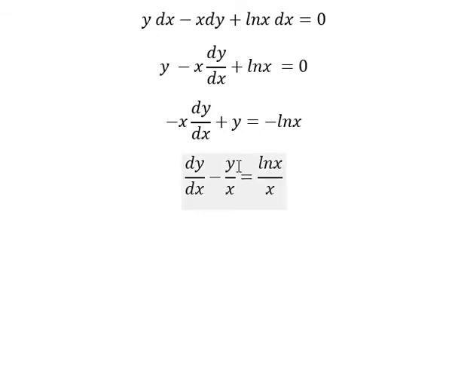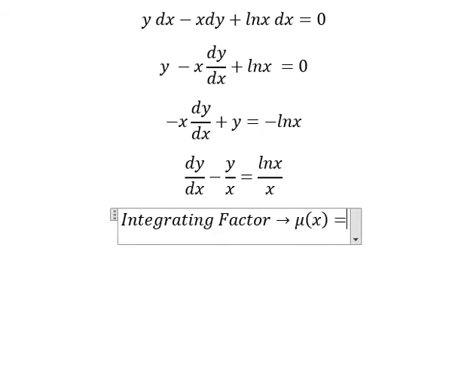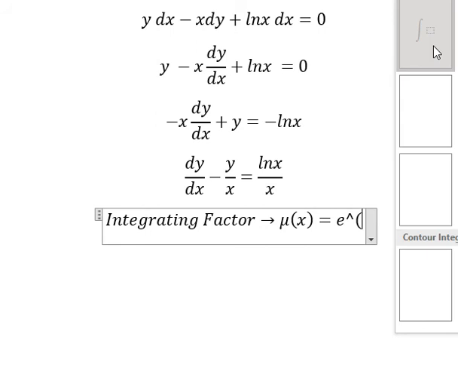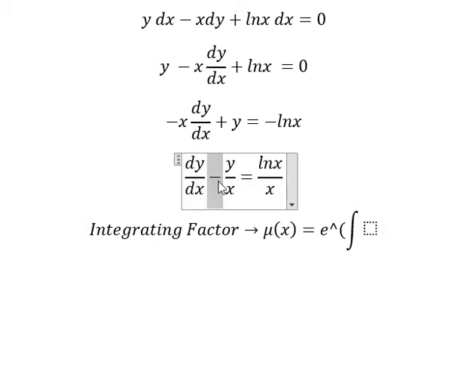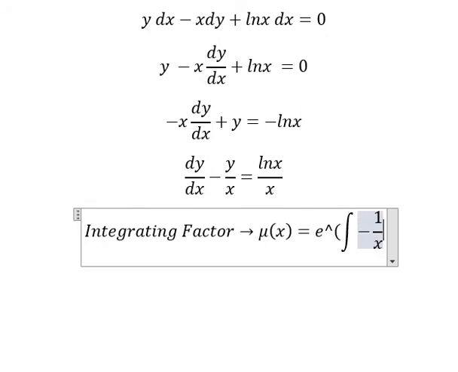So we have y, and the first derivative of y, we can use the integrating factor. So we need to find mu of x equals e to the power of the integration. We see that negative 1 over x next to y is the integrating factor.